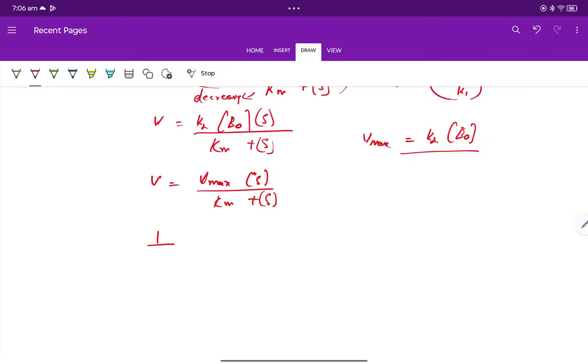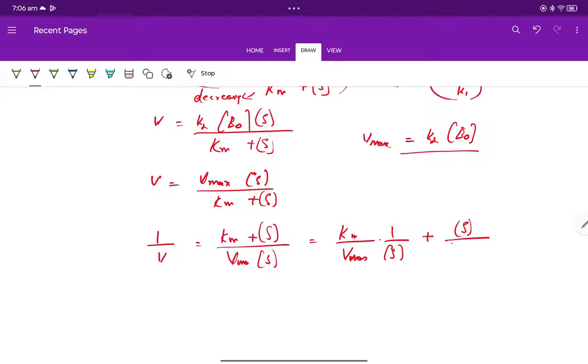So 1 by V will be equal to Km plus S divided by Vmax into S. If you rearrange this equation, this will be Km by Vmax into 1 by S plus S by Vmax into S, or this can be written as Km by Vmax into 1 by S plus 1 by Vmax.